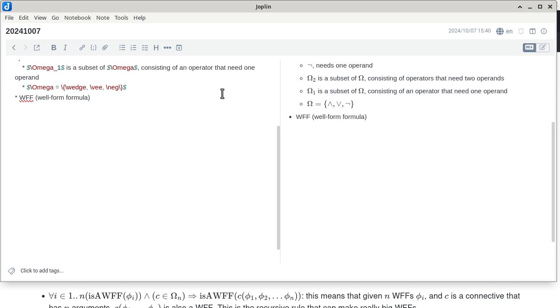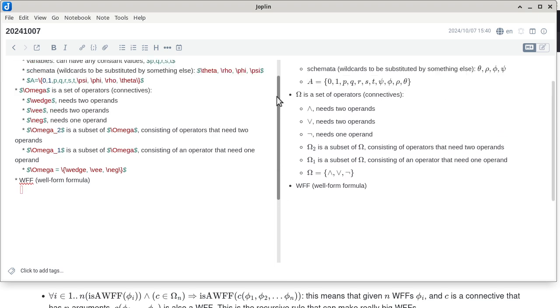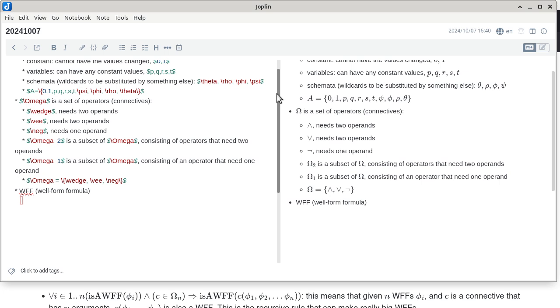Let's take into consideration our example at this point. Everything in alpha is automatically a well-formed formula. In other words, 0 by itself is well-formed. P by itself is well-formed. Q by itself is well-formed. That's just the definition. That's how we start the definition of what a well-formed formula is.